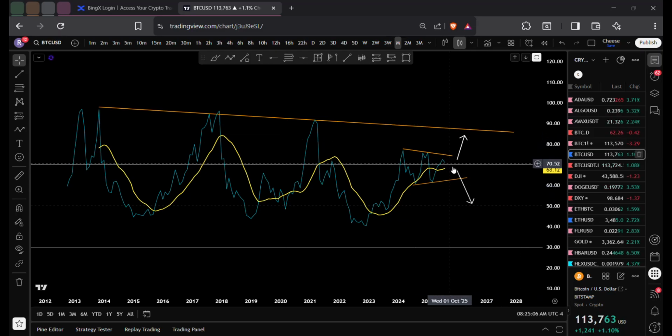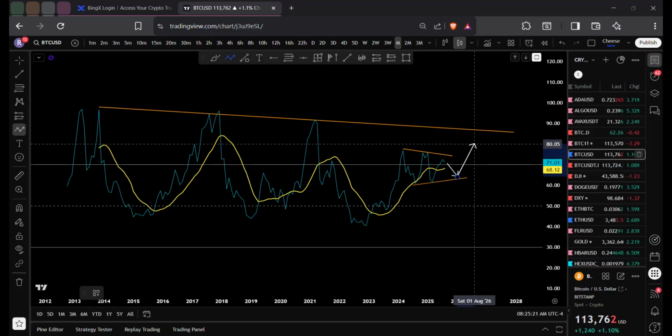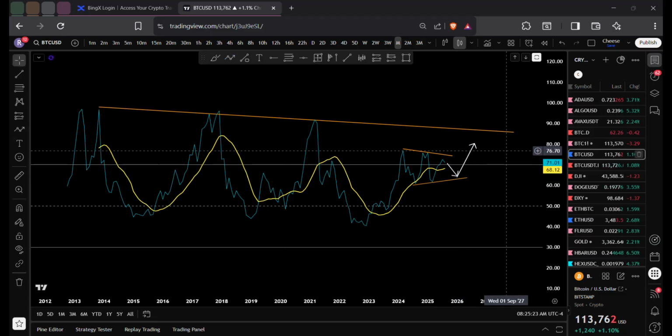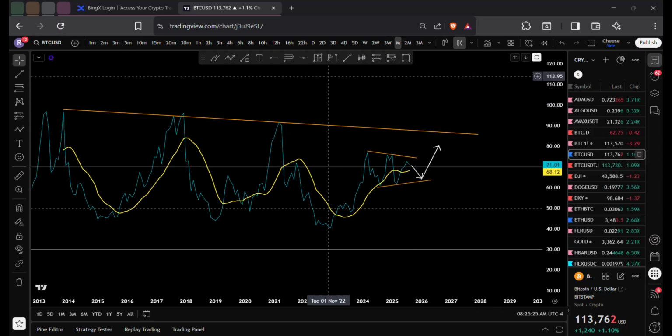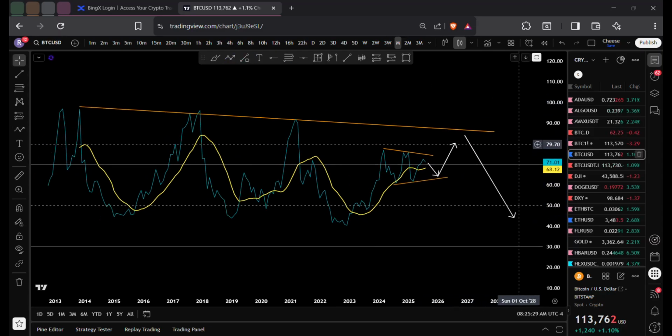I do think eventually we come down one more time, so we have a third touch point, right? So I think it does this, and then I think eventually we do something like this, first to second quarter of 2026. And then I think we do this, and we fall back down to here.